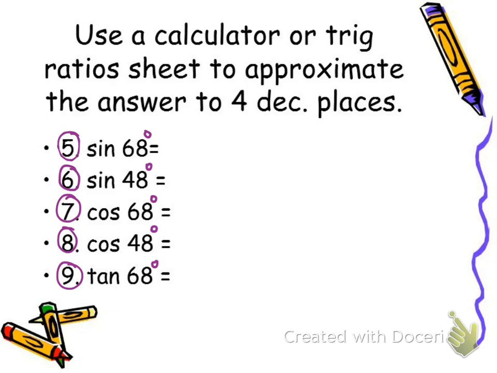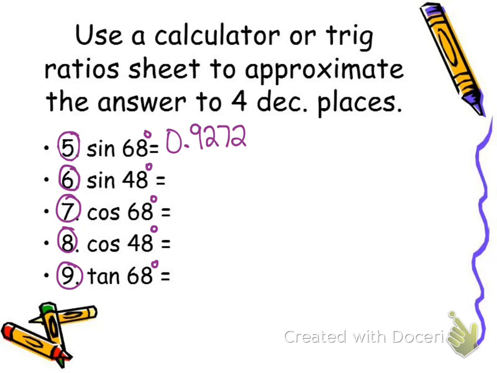You will just have to round it to the 4th decimal place. So what are we getting for the sine of 68 degrees? Anybody find it? 0.9272. And then we're done. If that's all they asked us for, that's all we got to do.